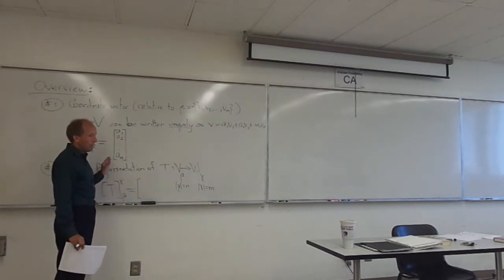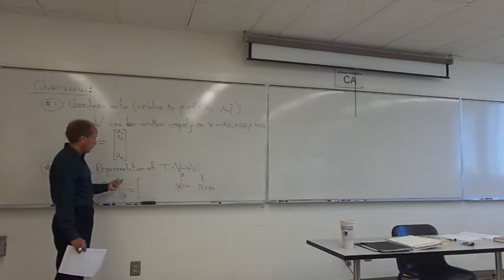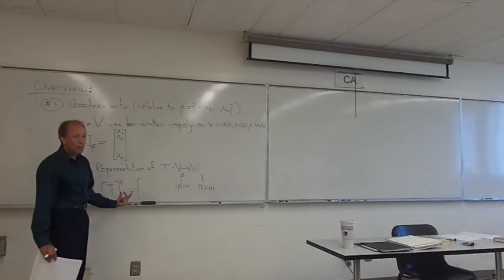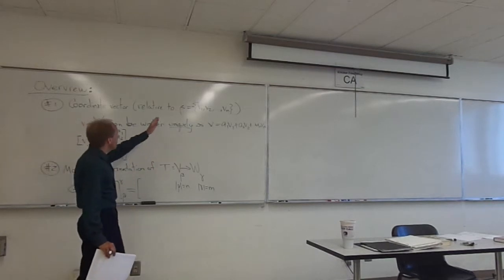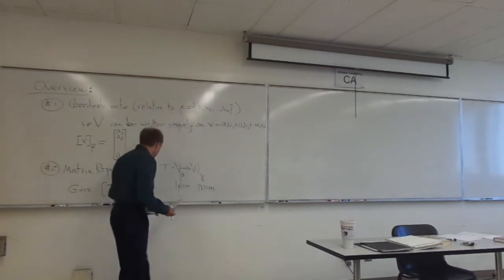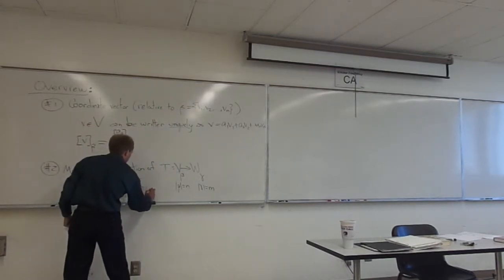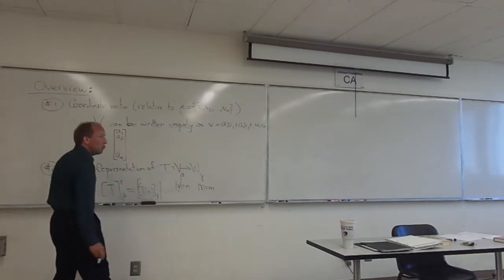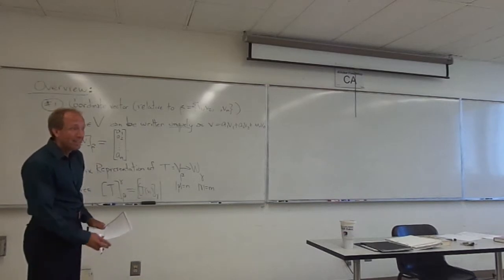This is something everybody needs to be able to do cold, which is write out how this matrix looks. Well, you take each basis vector from beta and transform it. So you take the first basis vector, transform it, and then write its coordinate vector relative to the new basis gamma, right?